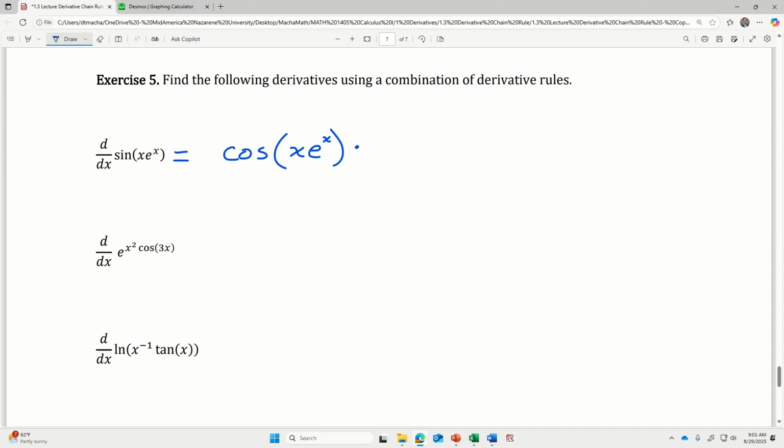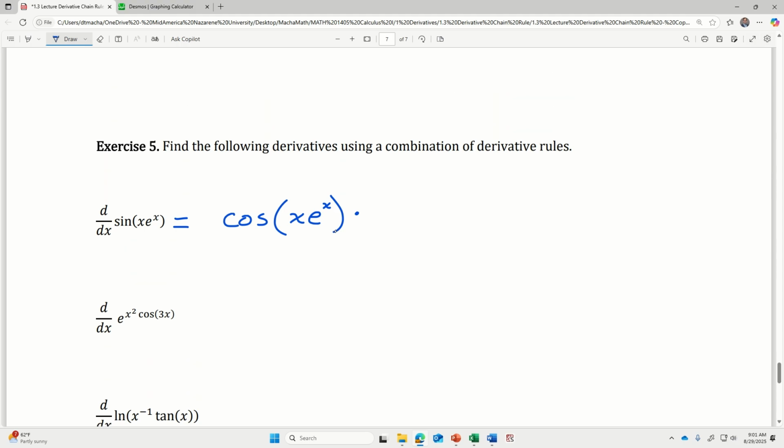Here's a quick refresher. Whenever I want to take the derivative of a product of functions, this is f prime g plus f g prime. In other words, I take the derivative of one of the functions times the other function plus the first function times the derivative of the second function.